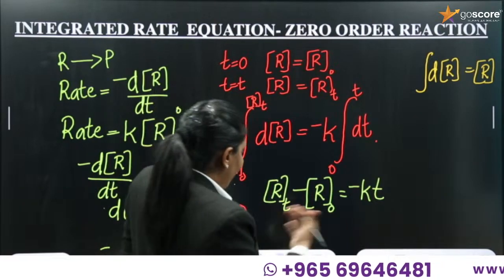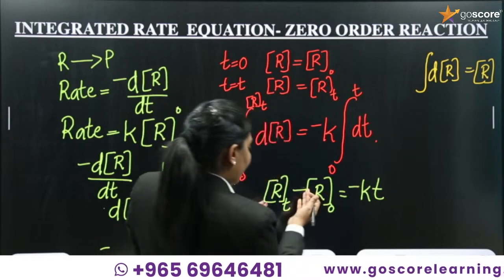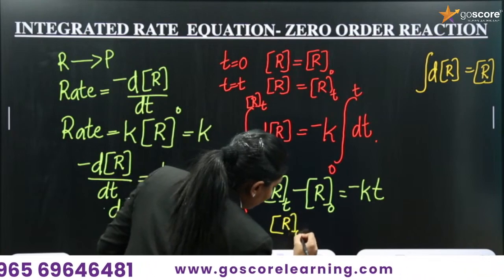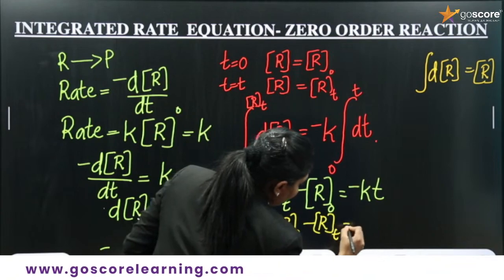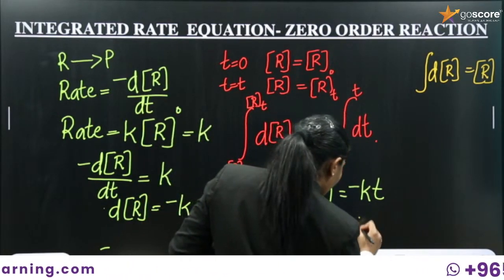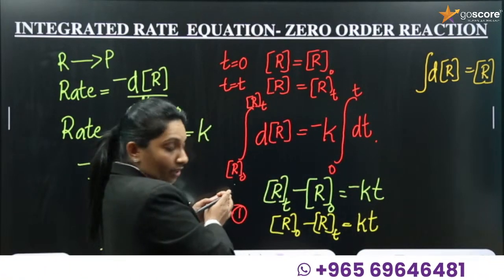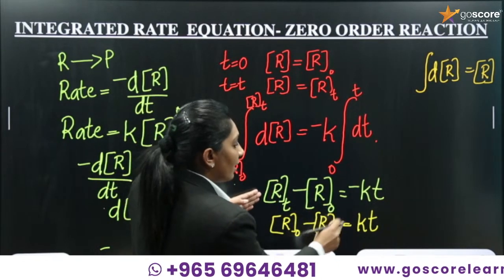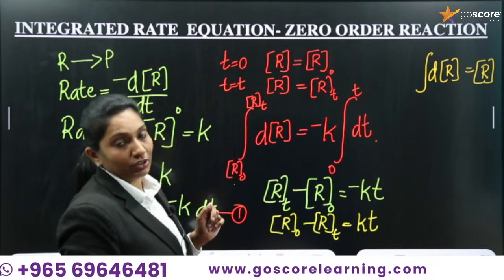This one I can rearrange or rewrite like this. If I take the negative sign out, I can rearrange it like this. R0 minus Rt is equal to kt. I am taking the negative sign out, that means minus of (R0 minus Rt) is equal to minus kt. Then I am cancelling the negative sign on both sides.